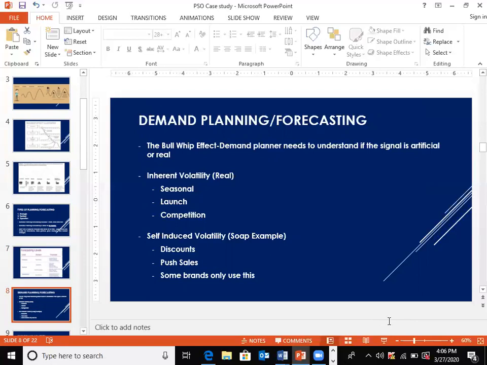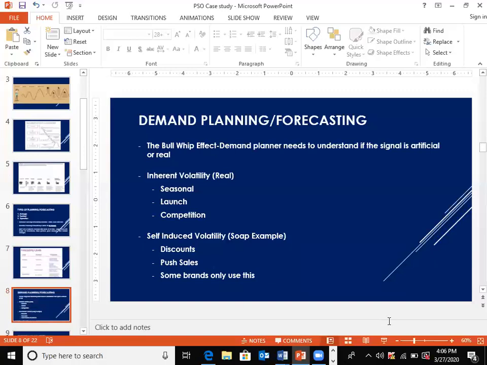Inherent volatility, also called real volatility, happens when, for example, something external is happening in the market. And right now we're going through coronavirus. So if you go to any big grocery store, you'll see that people are hoarding certain things, for example, sanitizers.